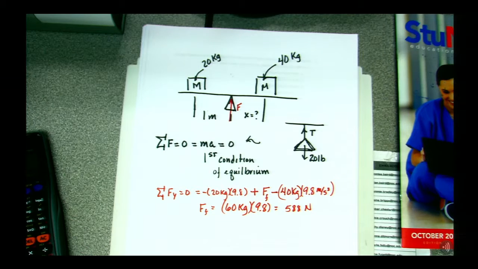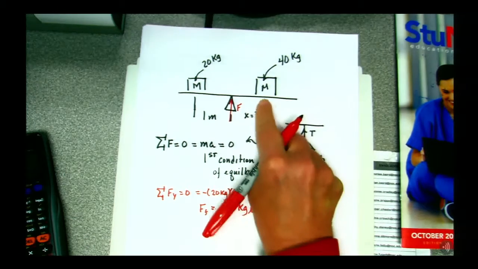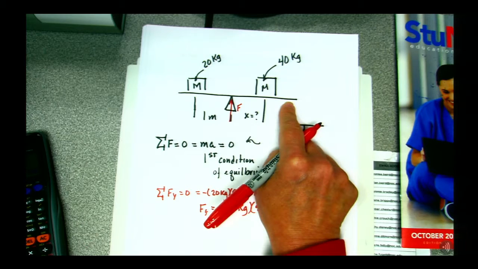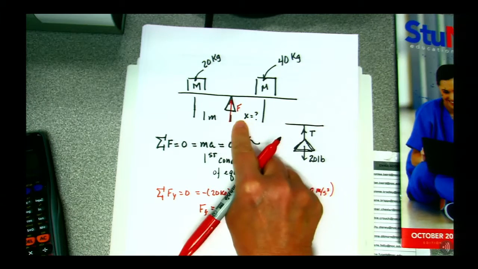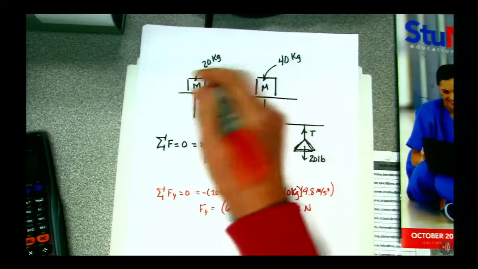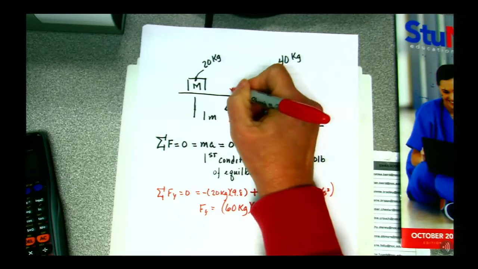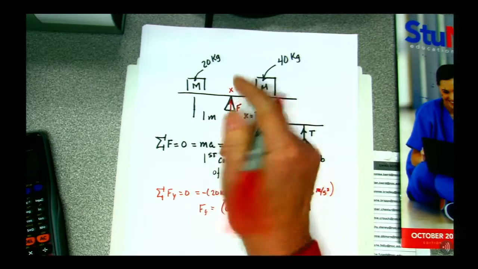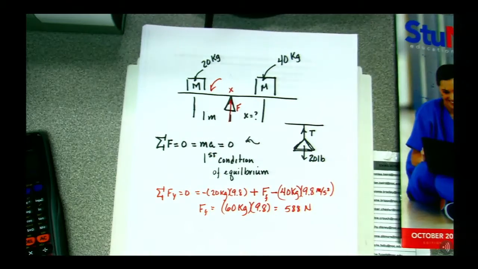But one of the things that we don't know is, if I just put this box anywhere on this other board, a couple of things will happen. If I don't put this box such that I end up with the center of mass right above the fulcrum, if I put this box too close, it'll rotate that way.